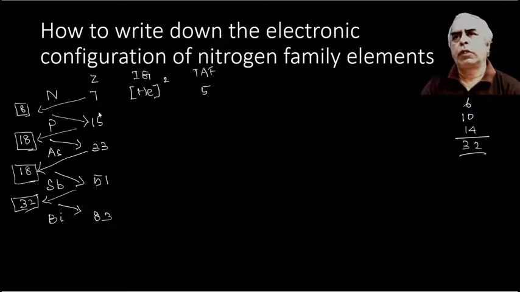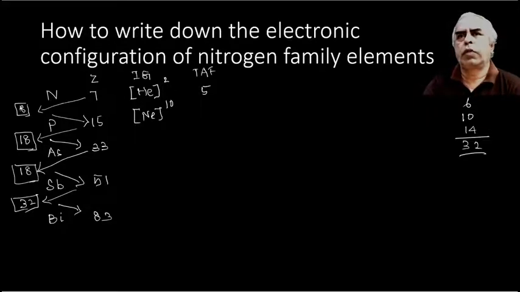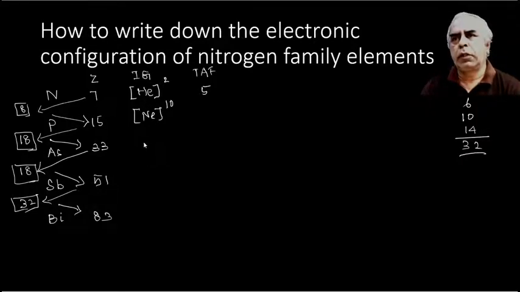Okay. So similarly here 15, nearest is neon, and for neon, what is the atomic number of neon? It is 10. So the same logic can also be applied here. 2 plus 8, 10. Okay, helium, neon, argon.